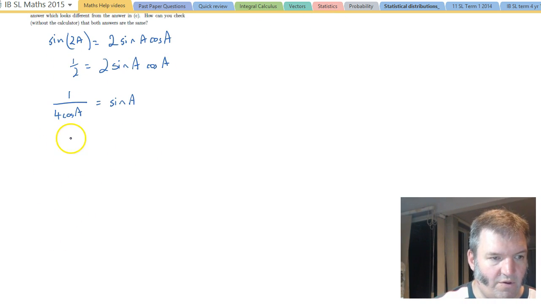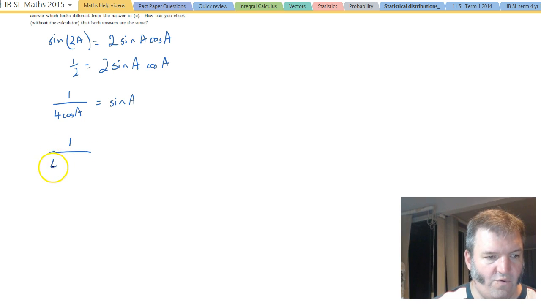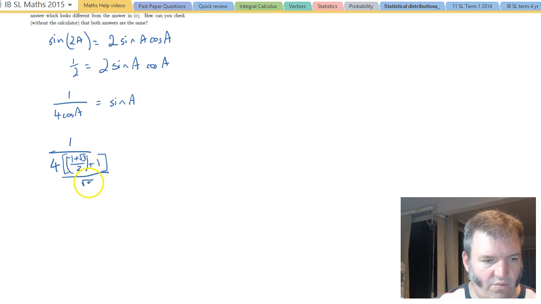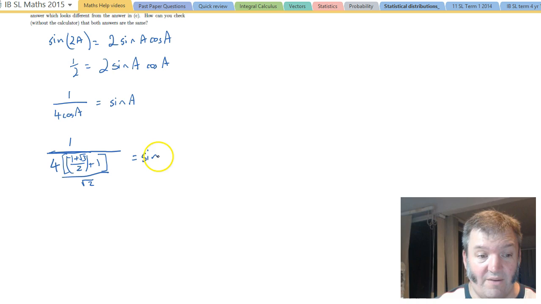So, 1 over 4 cosine A, so BC plus 1, so it's (-1 plus root 3) over 2 plus another 1, all divided by root 2. And that's one of the ugliest expressions we'll have to deal with for a long time.